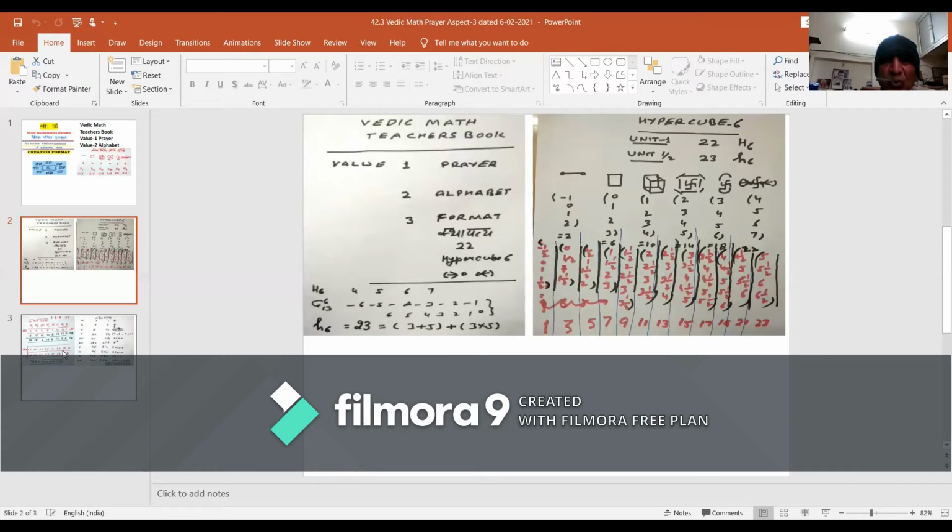Hypercube 2 of unit 1 is 0, 1, 2, 3. Hypercube 3 of unit 1 is 1, 2, 3, 4. Hypercube 4 of unit 1 is 2, 3, 4, 5. Hypercube 5 unit 1 is 3, 4, 5, 6. Hypercube 6 is 4, 5, 6, 7. 4 plus 5 plus 6 plus 7 makes it 22.